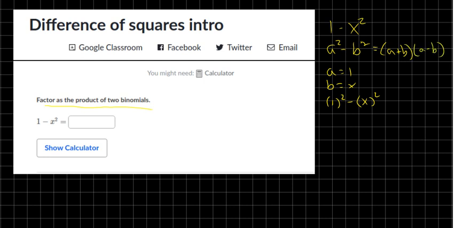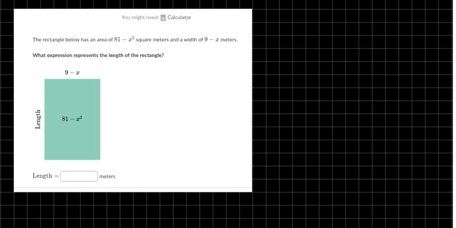So 1 minus x squared is 1 plus x times 1 minus x. And it does ask for the product of two binomials, so we put that in here: 1 plus x times 1 minus x. And we get that right. Ding.